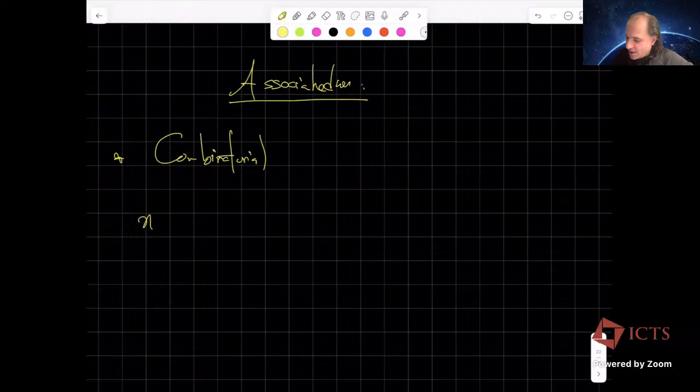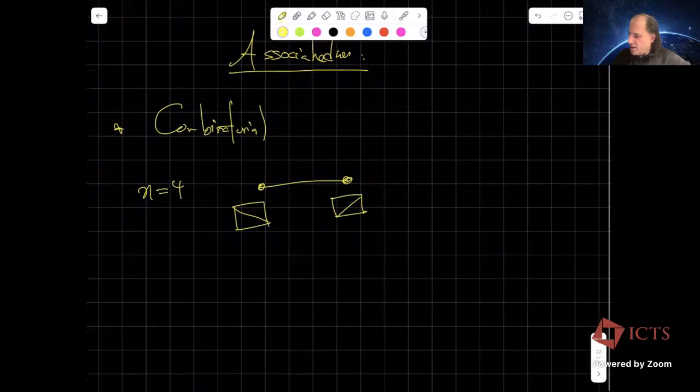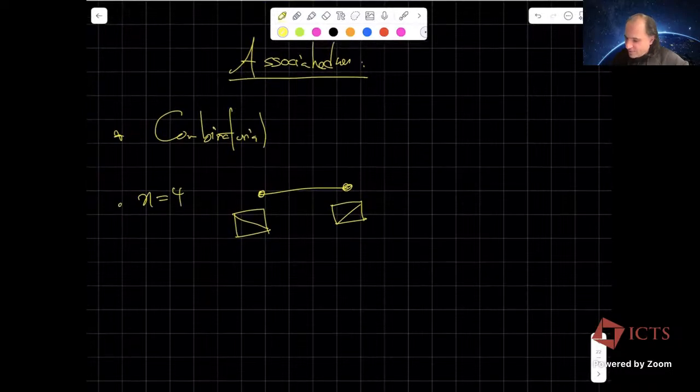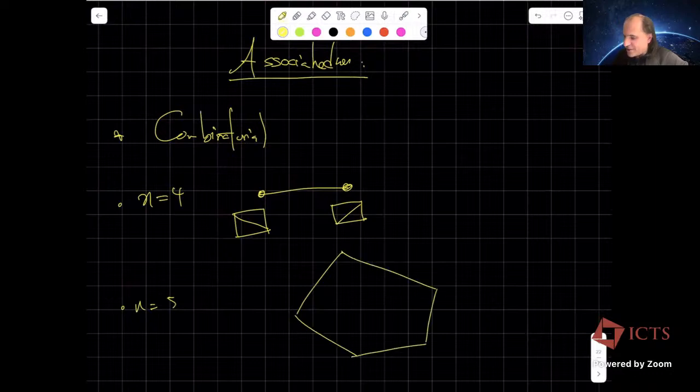And so, if I remind you quickly how it works, if I do this for n equals 4, that's sort of trivial because it's just an interval with an S channel on one side and the T channel on the other side. Already, the case of n equals 5 is a little bit more interesting. And the object looks like a pentagon. Again, completely coincidentally, it looks like a pentagon. But the idea is that every edge here is actually a partial triangulation.